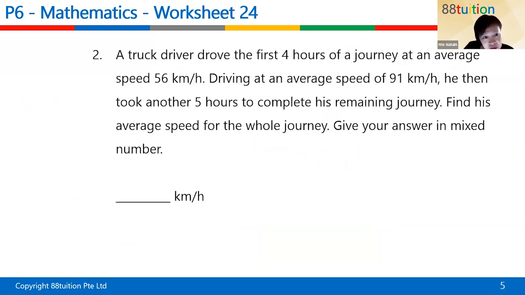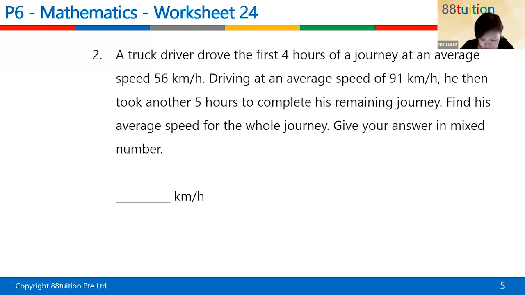Okay, number 2 is about the truck. It drove 4 hours at speed 56, then at speed 91 he will take another 5 hours to complete the journey. So we must find the average speed for the whole journey, and it must be in mixed number.